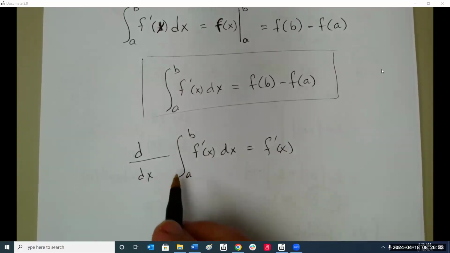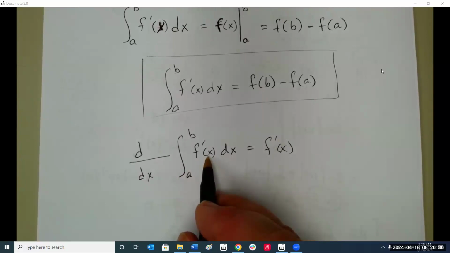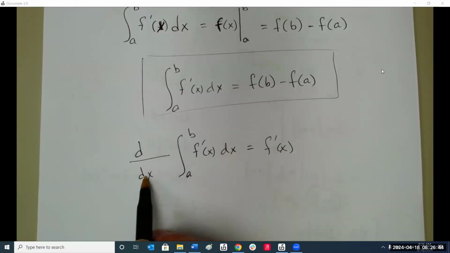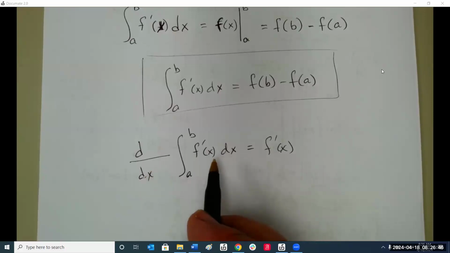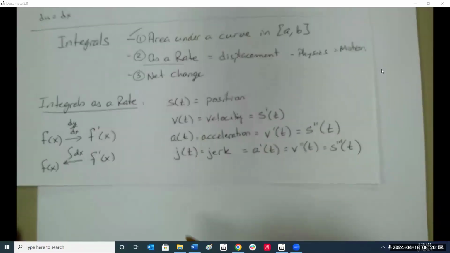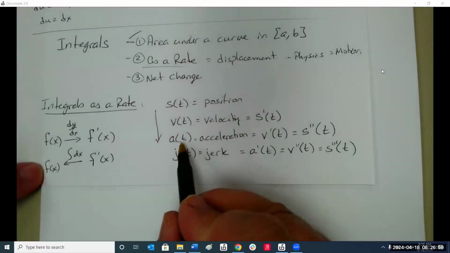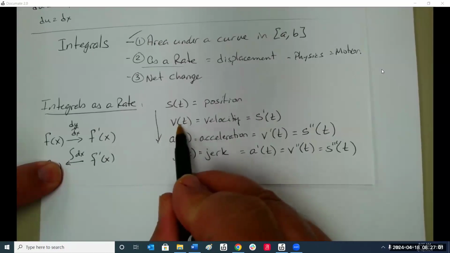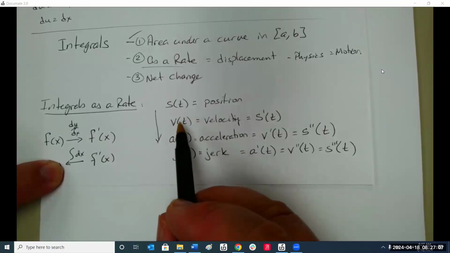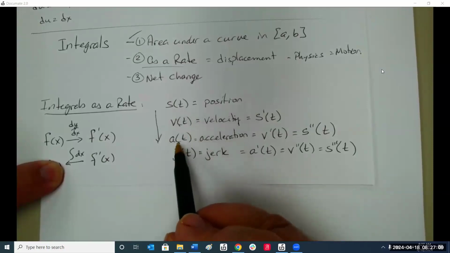Because remember, if we took the integral of acceleration, what do we get? Velocity. It goes back one. Then we take the derivative of velocity, we get what? Acceleration. Look at all these things we had here. Going this way are derivatives. So if I had acceleration and I took the integral, I'm going back one. But that's the first part. Then if I took the derivative of that, what do I get? Back to acceleration.